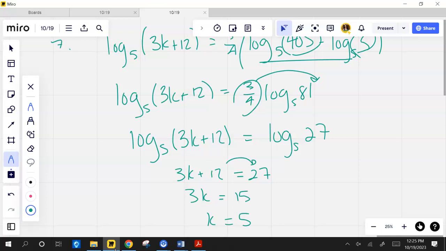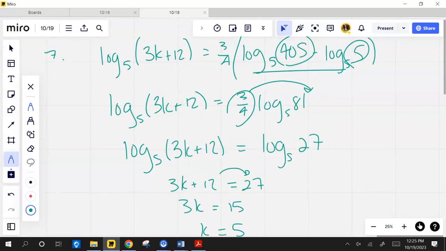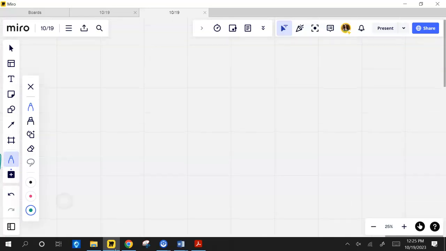Yes, no, maybe so. The 405 divided by 5. Ten, 12, and 14.